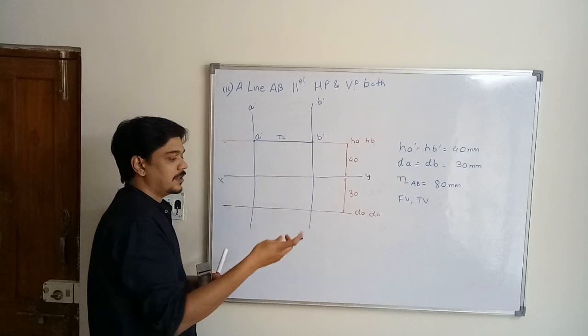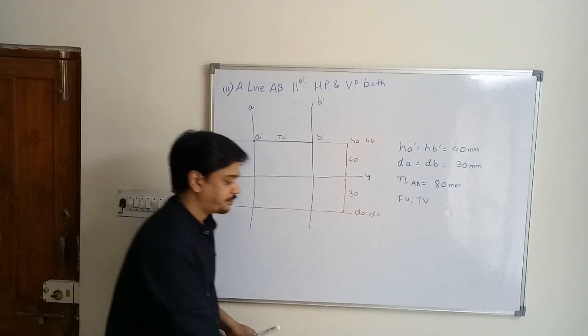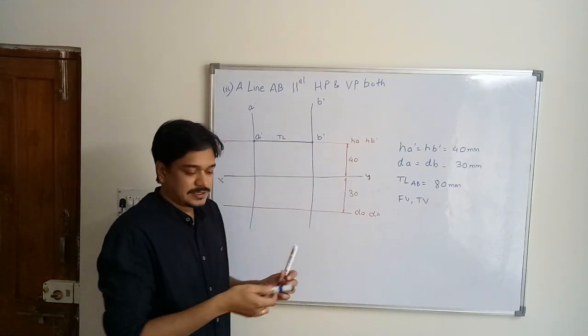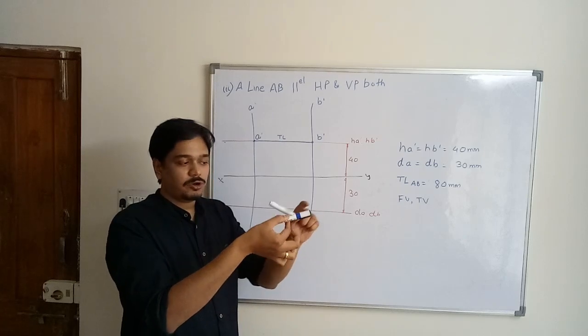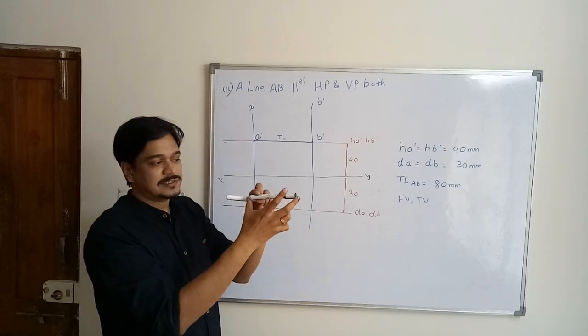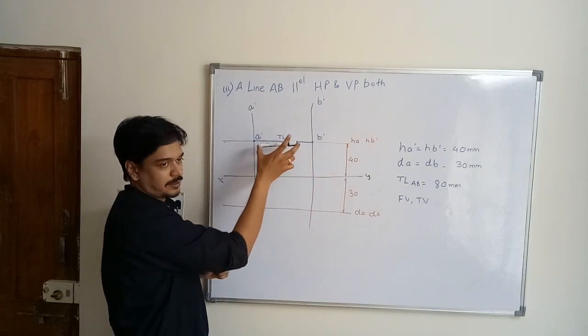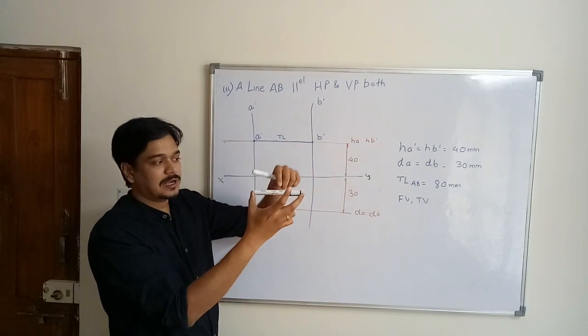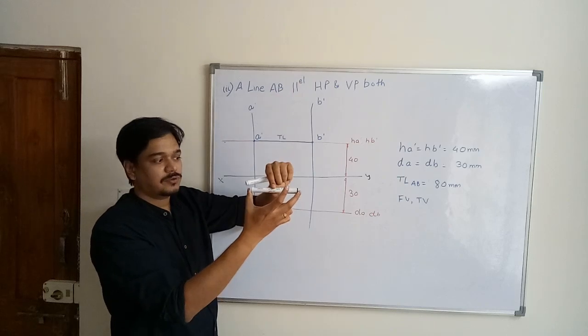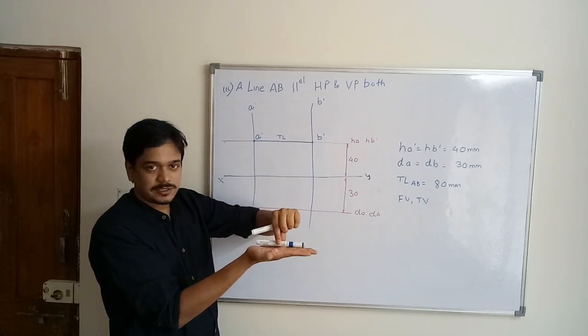And similarly, the same length will be observed in top view. If this length is 80, the same length is projected over here because it is parallel. Similarly, if you observe from top direction, the same length will be projected on the horizontal plane also.